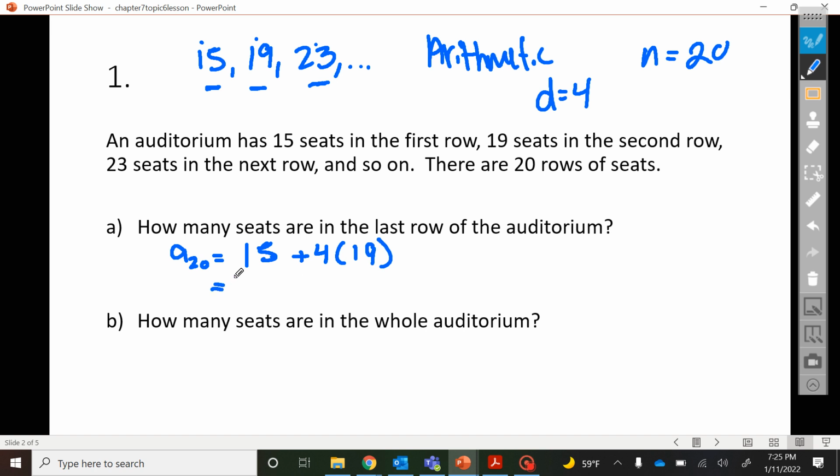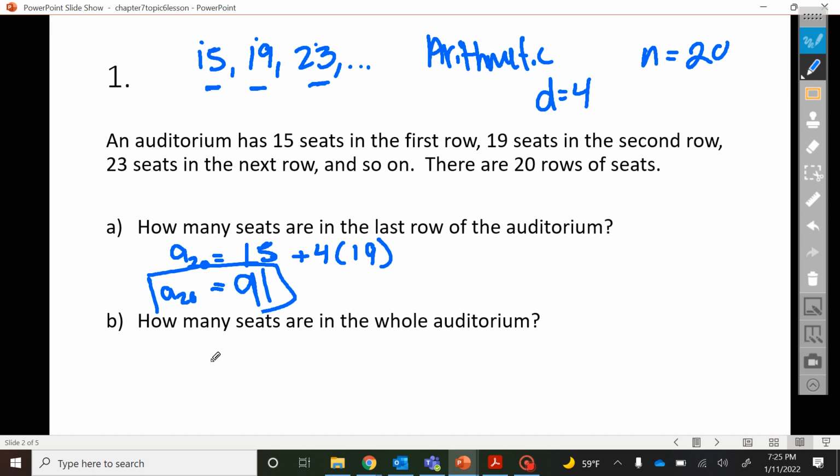So we plug this into a calculator: 4 times 19 is 76, plus 15. So there are 91 seats in row 20.